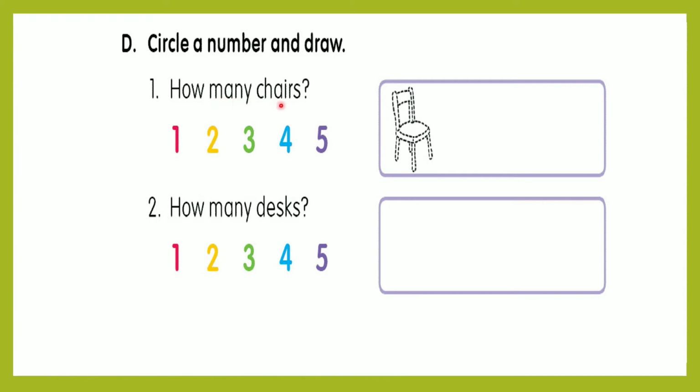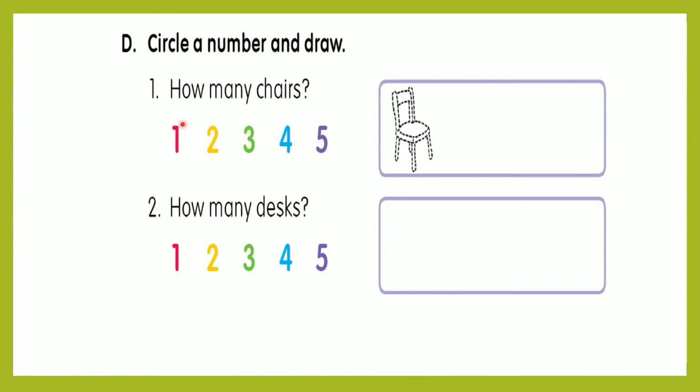This means we are supposed to count the number of chairs and then circle, okay? Question 2 also asks, how many desks? Well, let's first answer question 1.